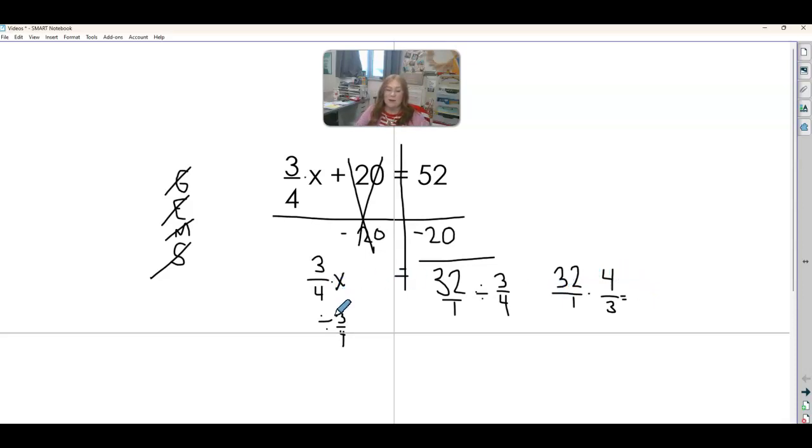What I do want to talk about is on some of these, you're going to see it will show that instead of dividing by 3/4 here and here, the same thing as to times by the inverse. So instead of dividing by 3/4, we could just times both sides by 4/3. Because if I times this 3/4 by 4/3, that equals 12 over 12, which equals 1.